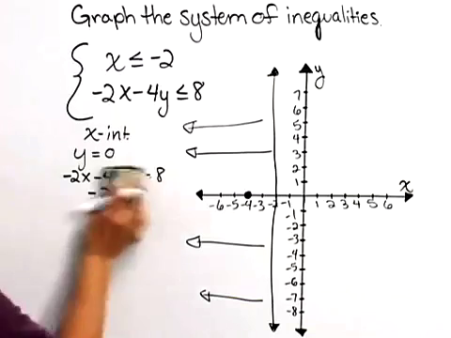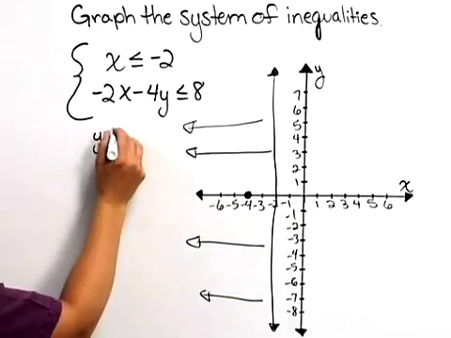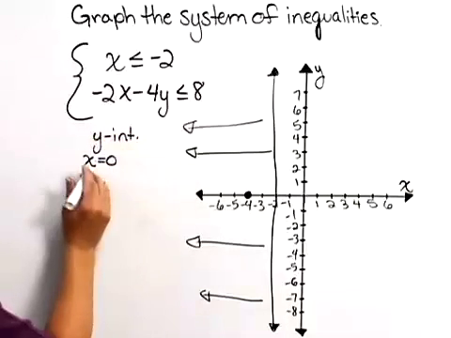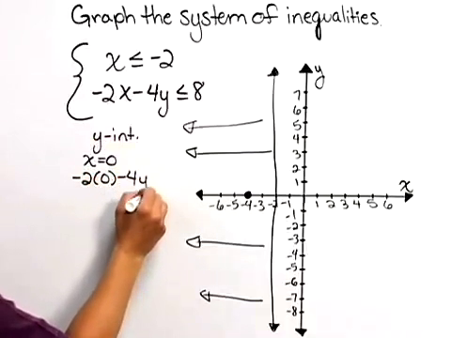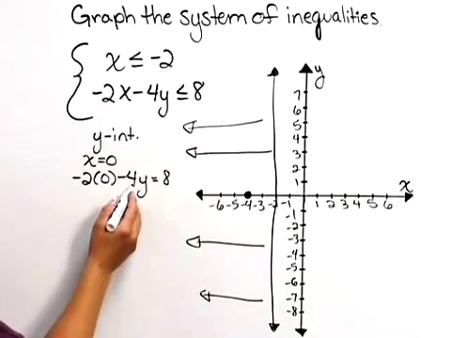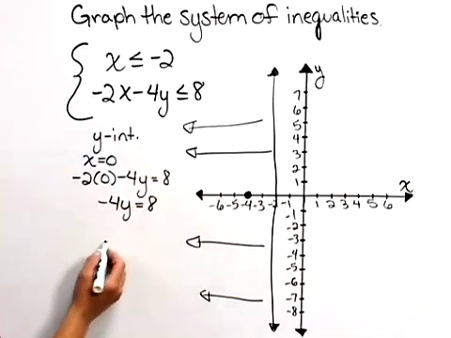Now let's find our y-intercept. For our y-intercept, our x is 0. Replacing the x with 0, you get -2 times 0 minus 4y will equal 8. And this will be eliminated just to leave us with -4y equals 8.